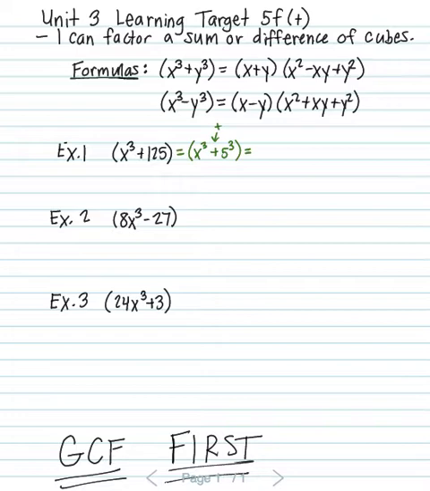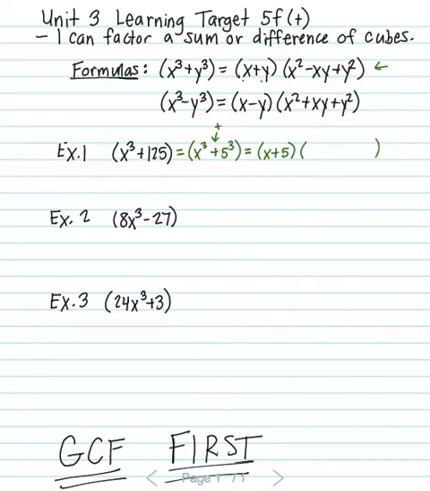So looking at our formulas, we know we're going to use the top one because it's plus. So it says that for your formula you're going to do x plus y. Well, x is x, and in this case our y, just our second thing, is 5. So x plus 5.